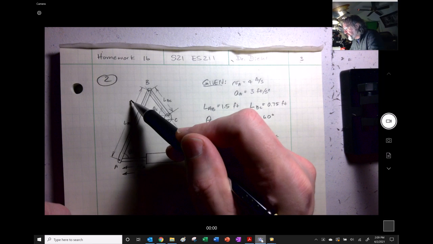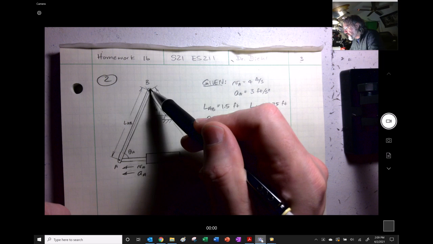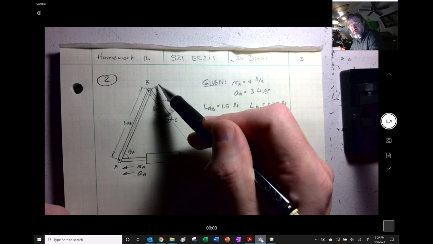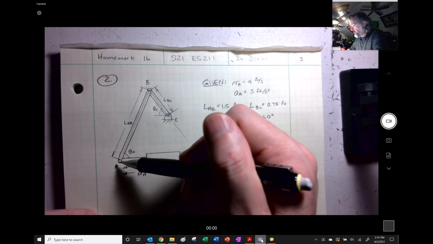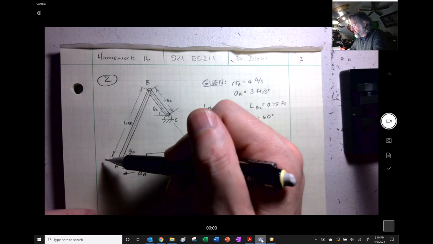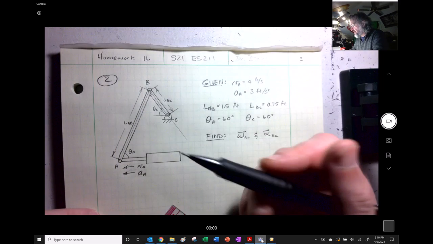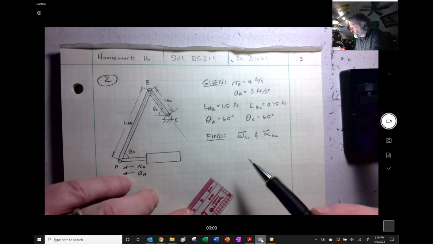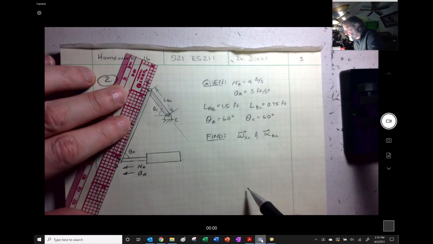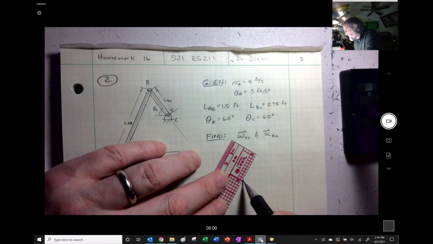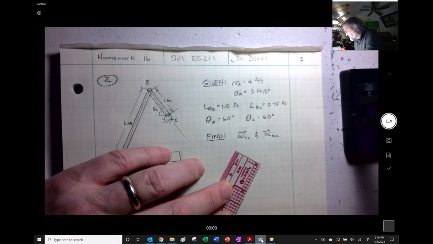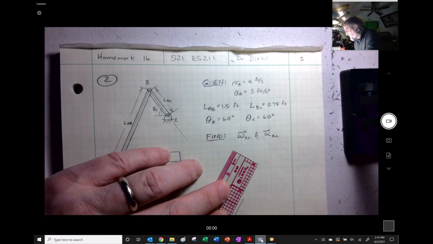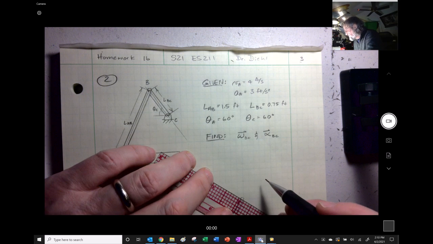So it's going to have a line of action that draws something along these lines right here, whereas this is going to have a velocity coming this direction. So let's go to the ICR then of this first link right in here. I kind of drew it close to being at 60 degrees, but let's see. Something like that, maybe. Okay.